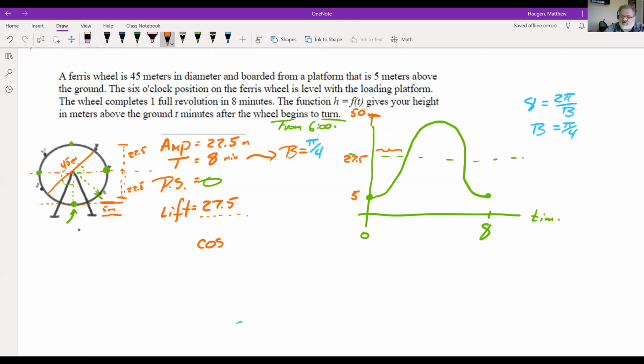So cosine. What kind of cosine? Negative, because we're starting at the minimum and going upward with that amplitude of 22.5, with the compression factor of pi over 4 to give us the period of 8. We avoided a phase shift. Nice. And then plus 27.5.